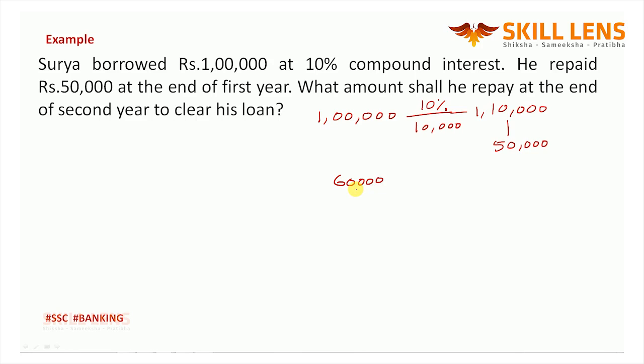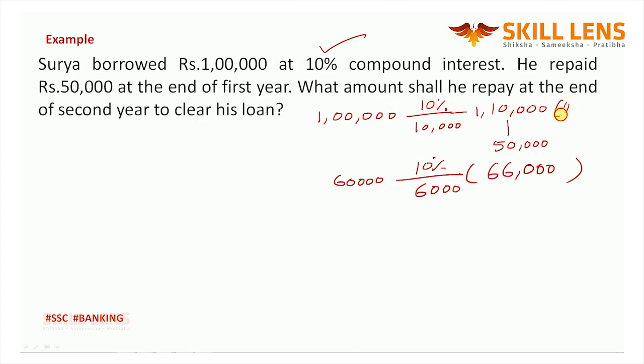60,000. And again on 60,000 the rate of interest is 10% only. On 60,000, 10% is going to be 6,000. So if he wants to clear his loan, he needs to pay 66,000. So the point is this: first you calculate on 1 lakh 10%, which is 10,000.